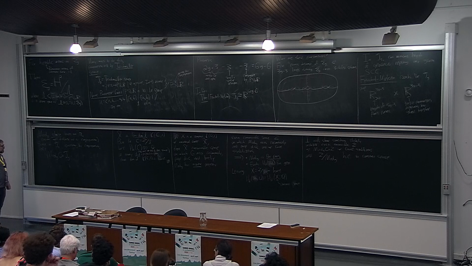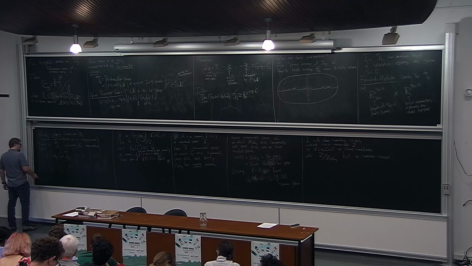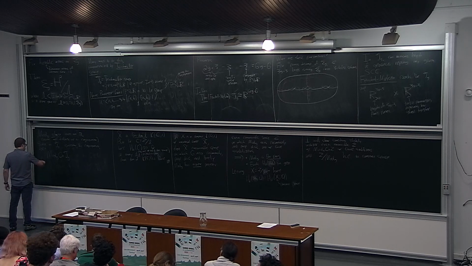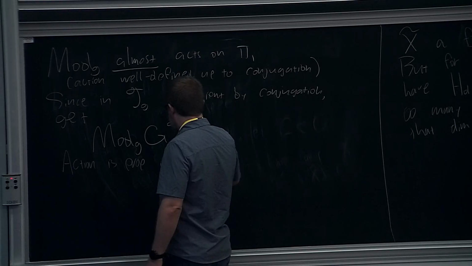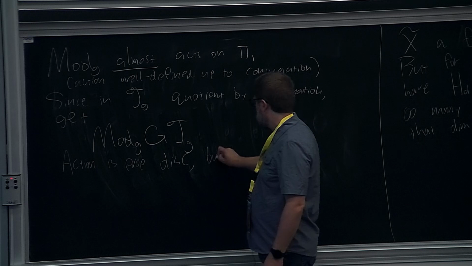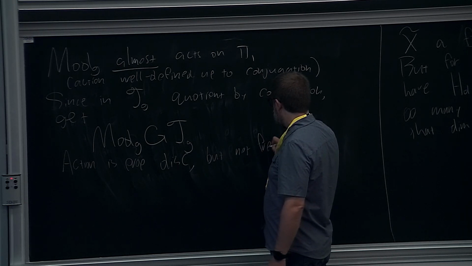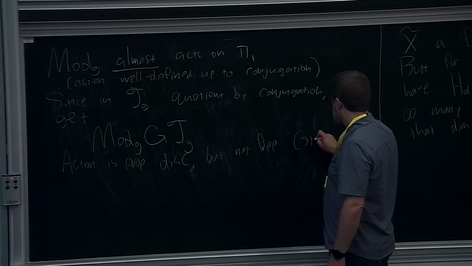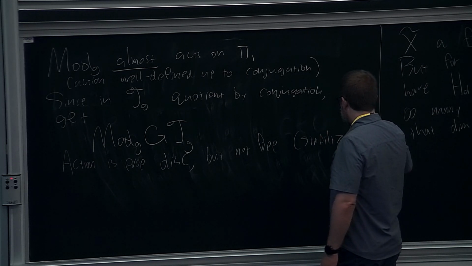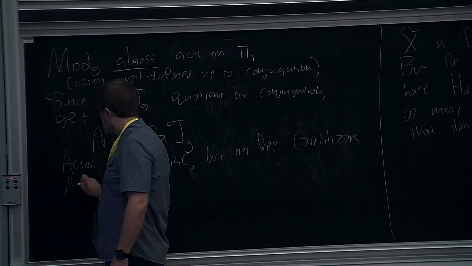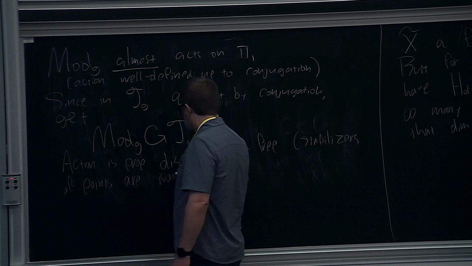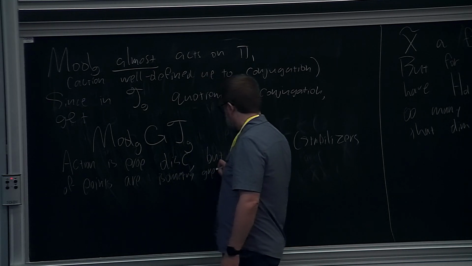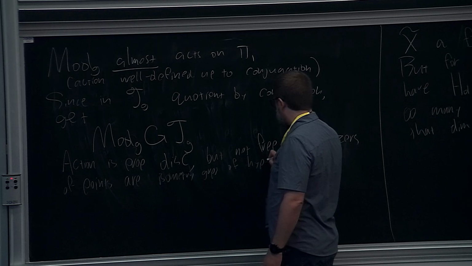And so this action, Teichmuller space is a contractible space. The mapping class group is acting on it. The action is properly discontinuous, but not free, since the stabilizers of points are isometry groups of hyperbolic surfaces.